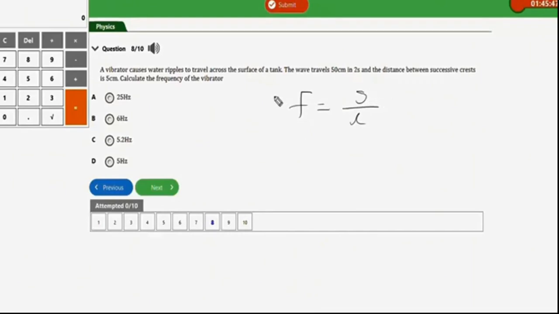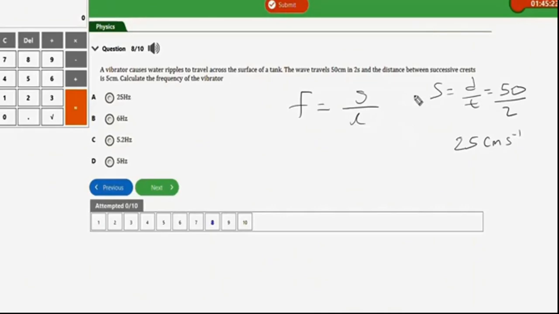So I will know that on the question we are given the wave traveled 50 cm. I know that speed is distance over time, right? So the distance is 50 cm, that's 50 over the time, which is 2. So this will give us 25 cm per second.